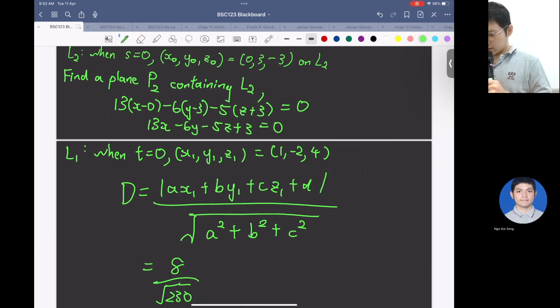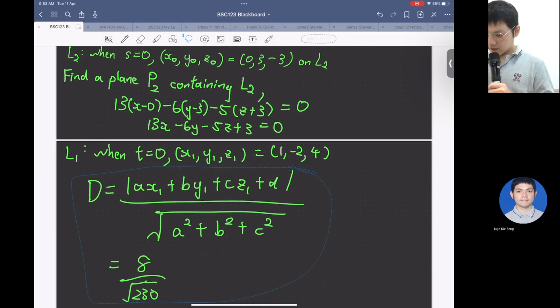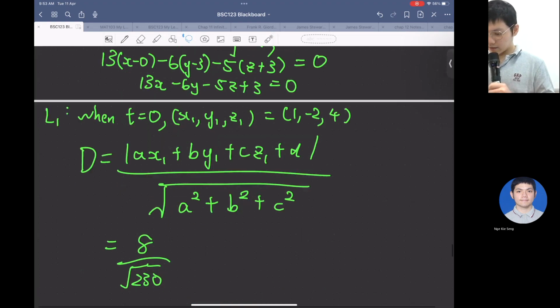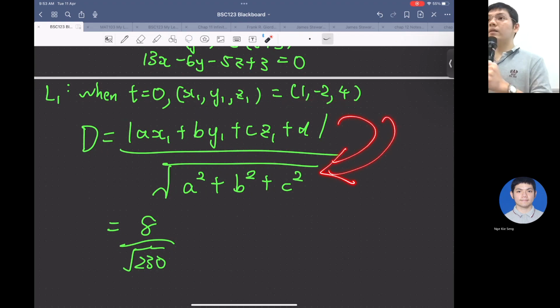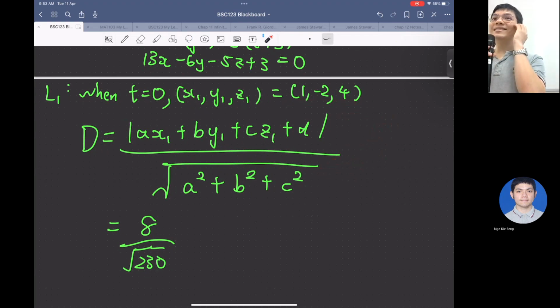Let me bring out the necessary information here. Actually, what we have is these two sets of numbers, so sub them into this equation.